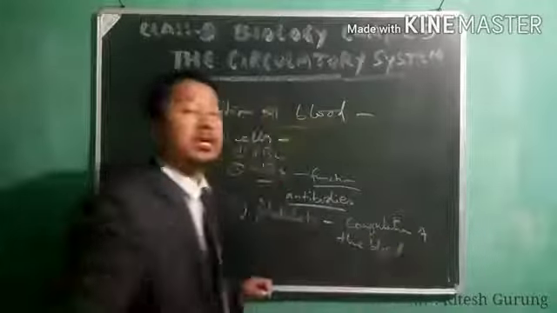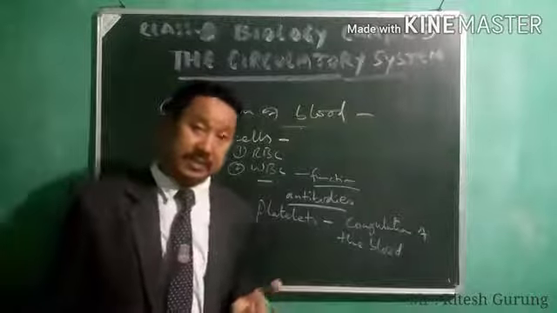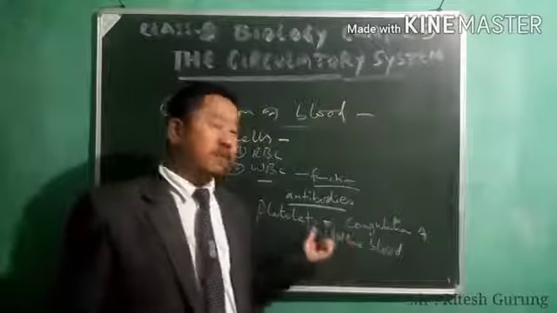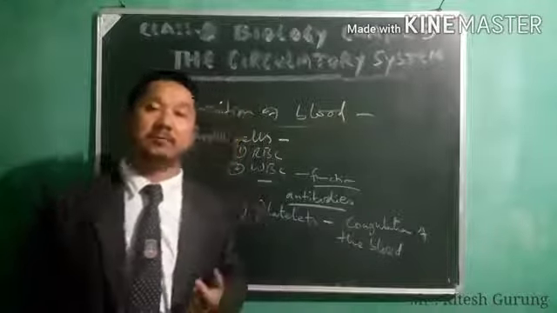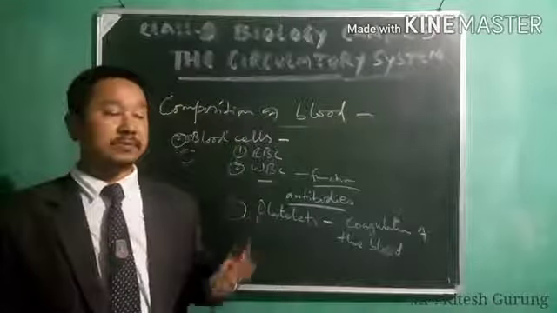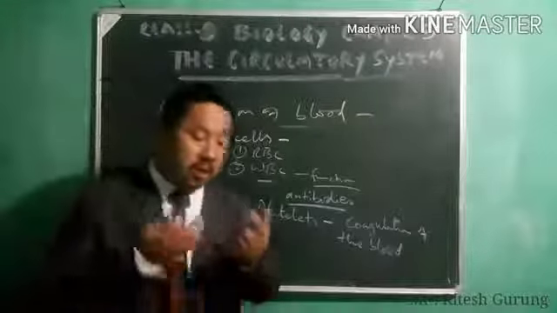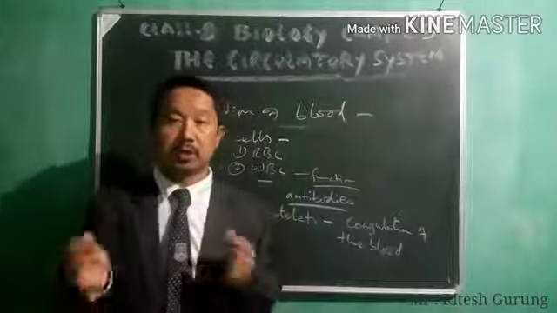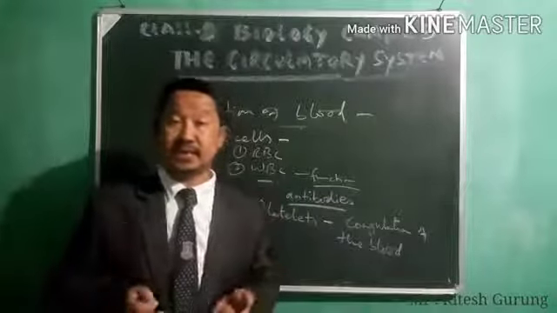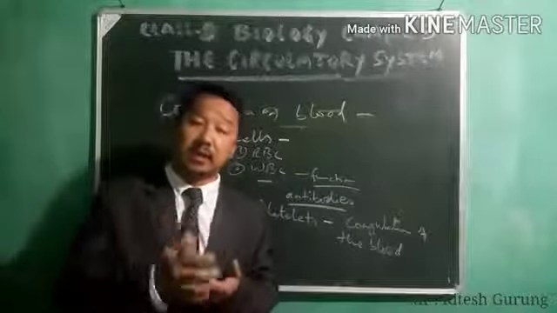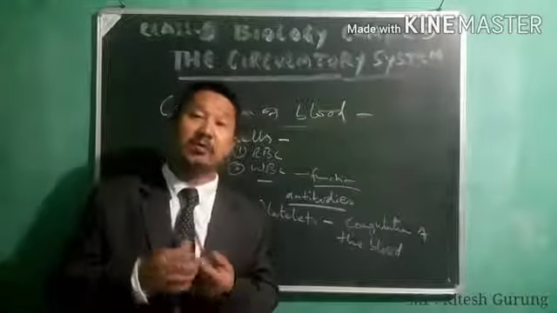Blood is clotted because of platelets, so that it prevents us from the loss of blood. Sometimes we happen to cut our fingers or different parts of the body accidentally. At that time blood may be going out.